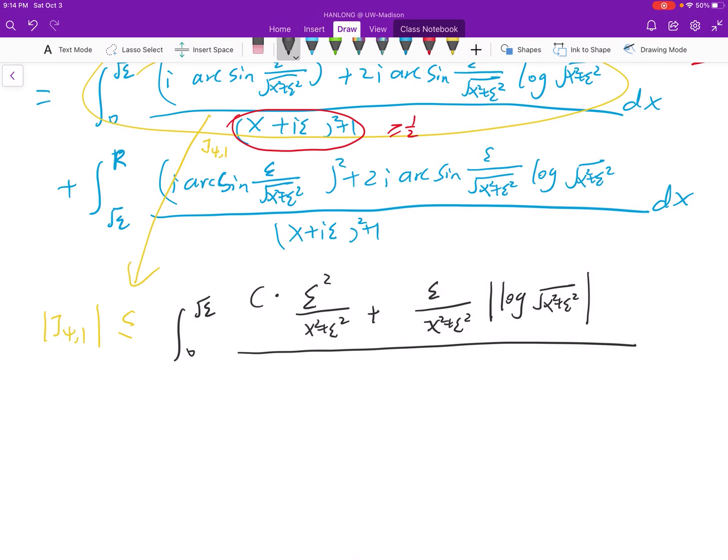So it can be absorbed into the constant, dx.